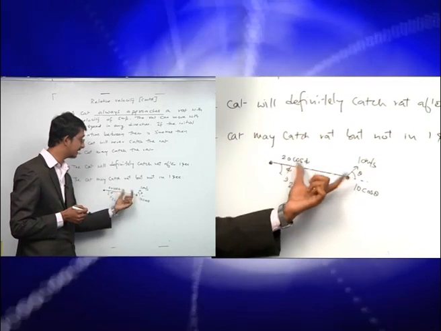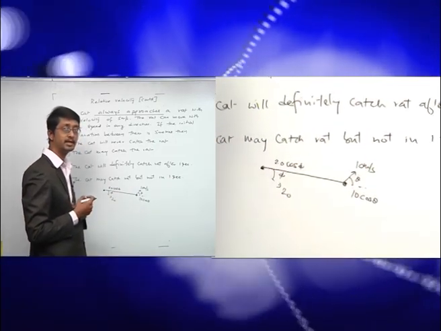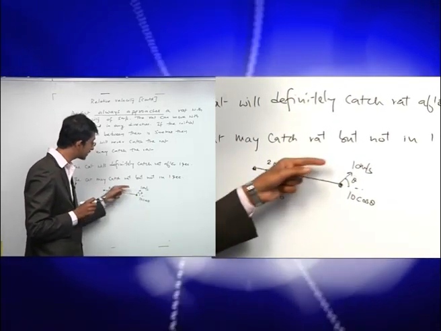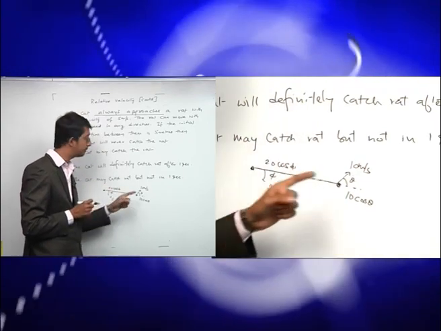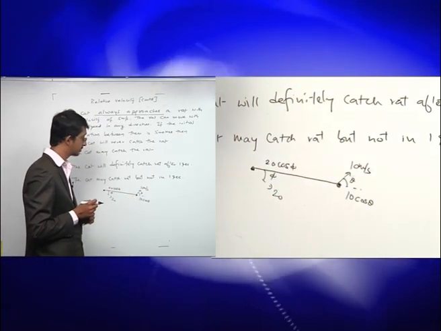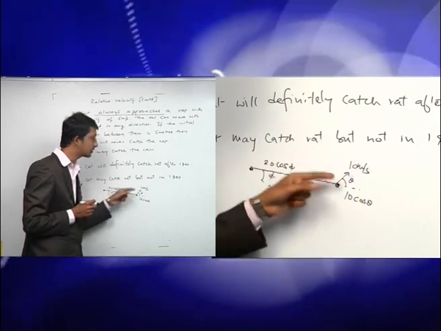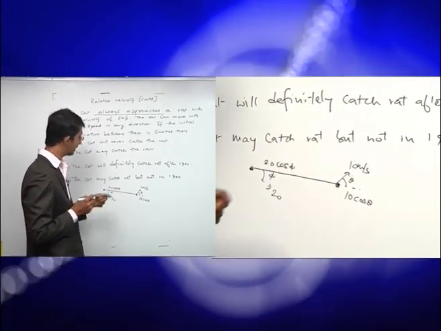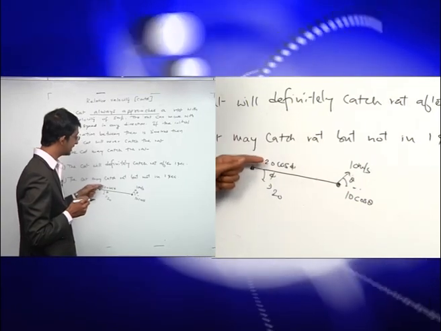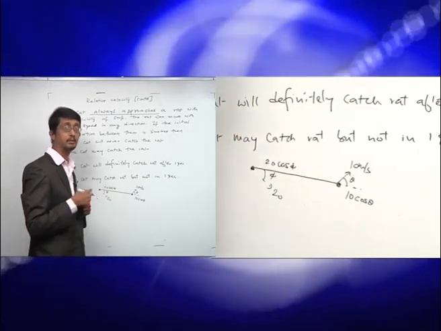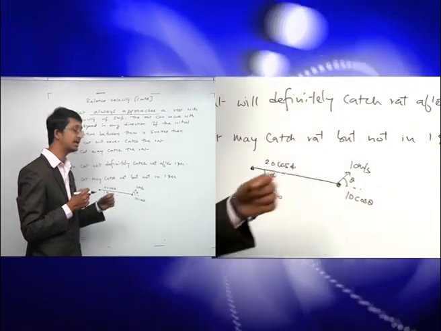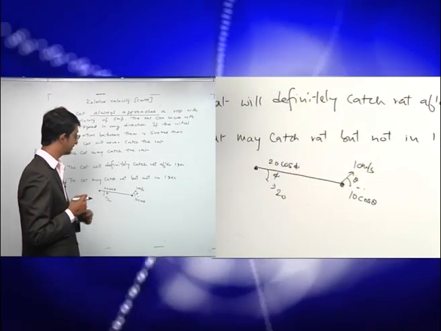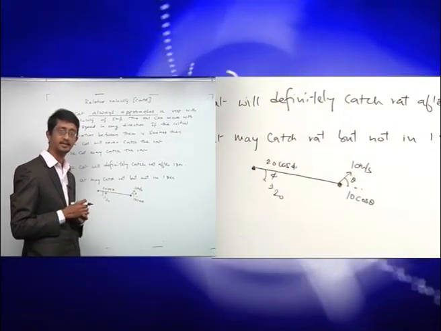When do we say they approach? When the cat is moving faster along this line compared to the rat. In that case, the cat is coming closer to the rat. That is called approach speed. So the cat's velocity along the line joining them must be more than the rat's velocity along the line joining them. Then you say the cat is approaching the rat.